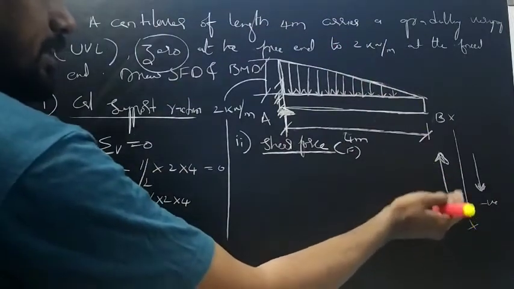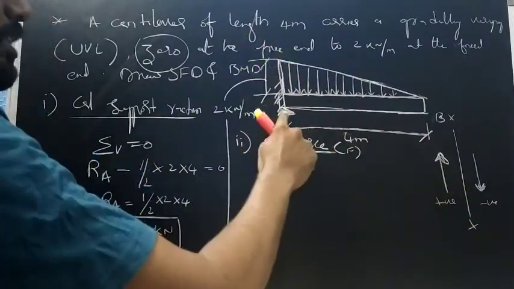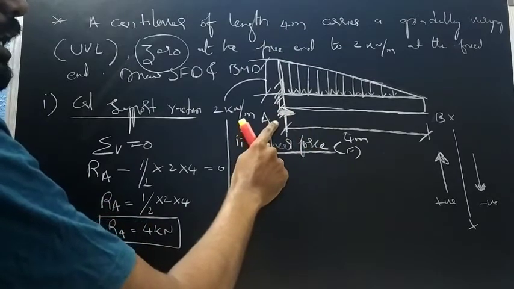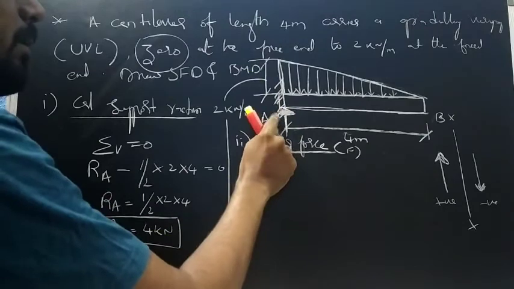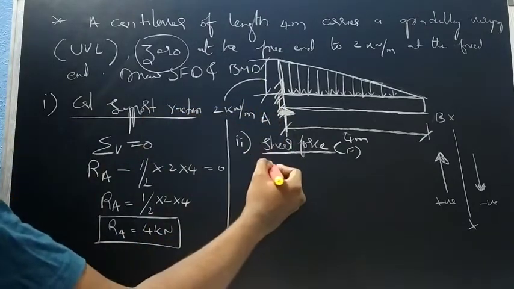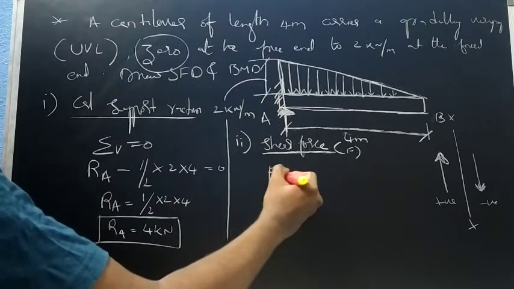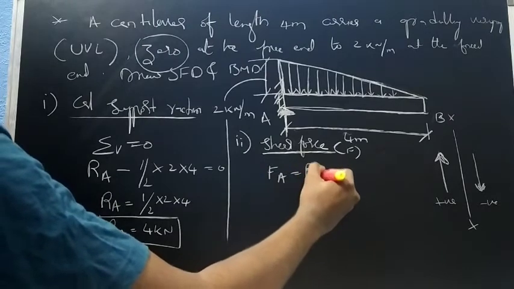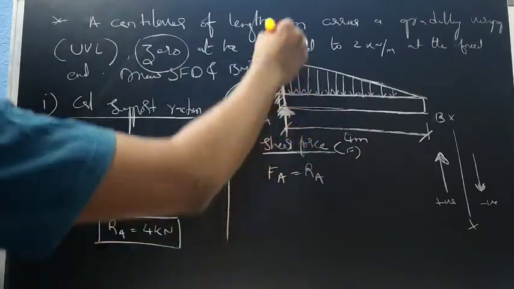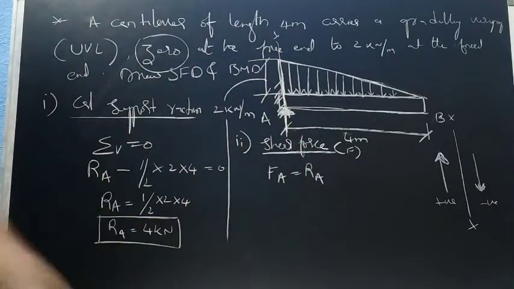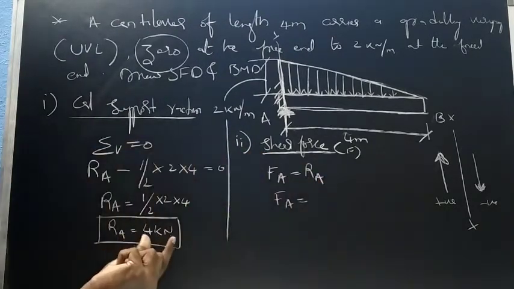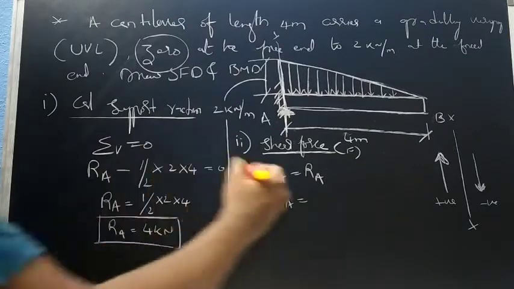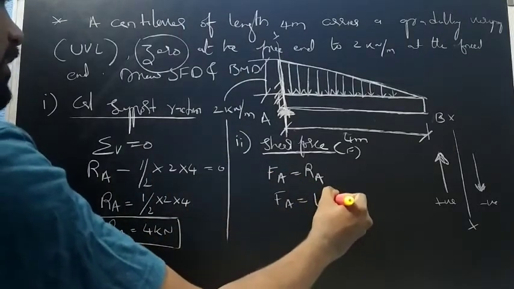So always my sign convention, which is going upward direction, that is RA, which is shear force at A, will be positive. So I can write that FA equals to RA, because I'm taking section at point A. So what is RA? That is 4 kilonewton. So put the 4 kilonewton here. So that's it.